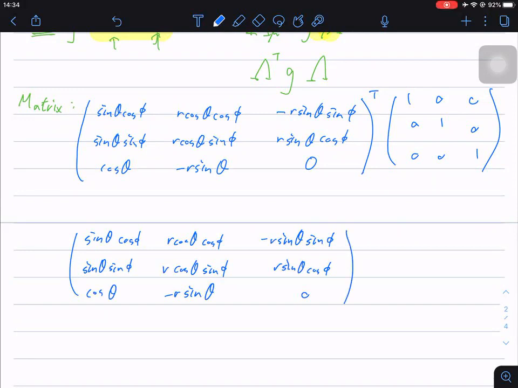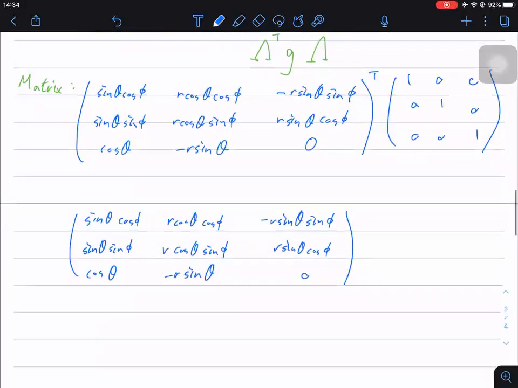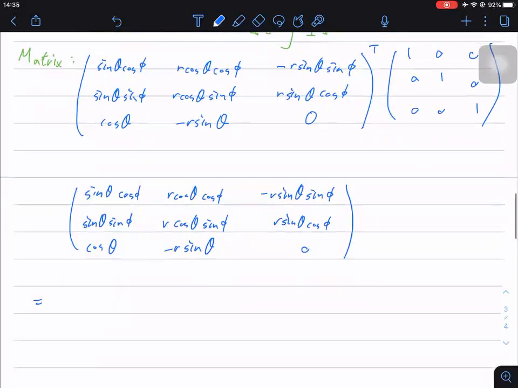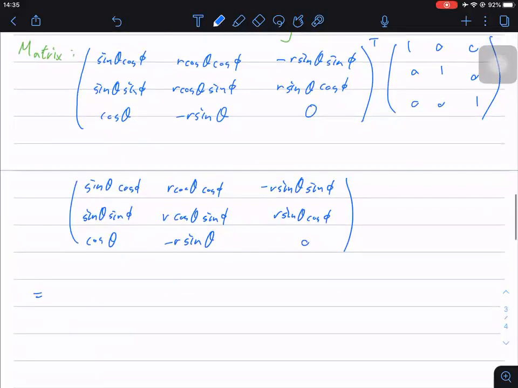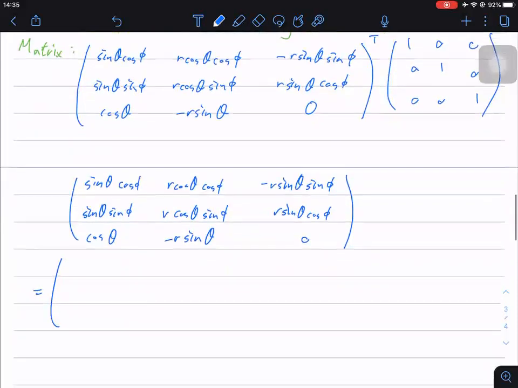Okay, so this one is, well, basically we just have to take the transpose of lambda.